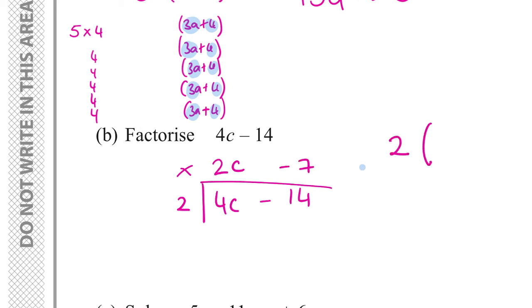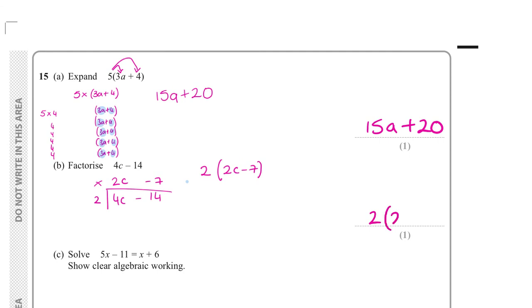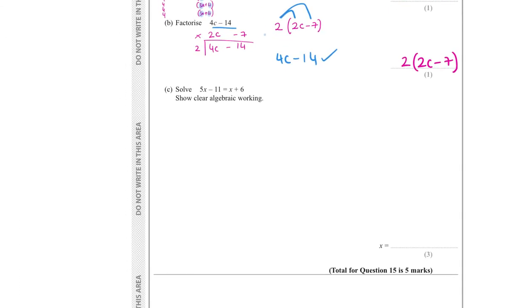We take out 2 as a factor, lots of 2C minus 7. Could we check that we are correct? Yes, we could do 2 times C, 4C, 2 times negative 7, negative 14. This is correct.